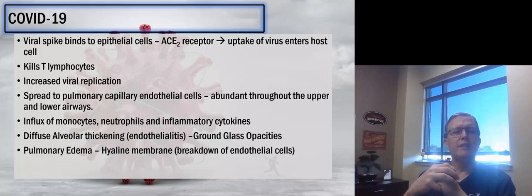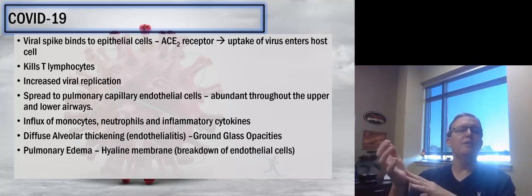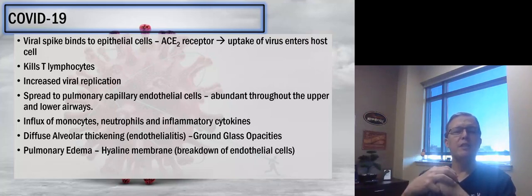One of the things that COVID-19 does is it kills T lymphocytes, which are important mediators in our immunity. So we need those T lymphocytes to help combat infections such as COVID-19, and COVID-19 kills them. Those two processes enable this increase in viral replication.